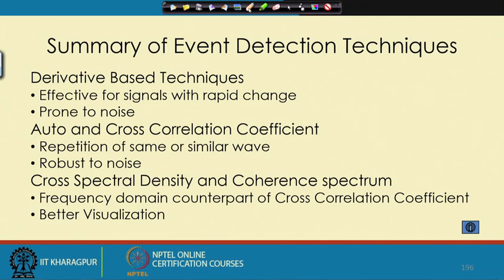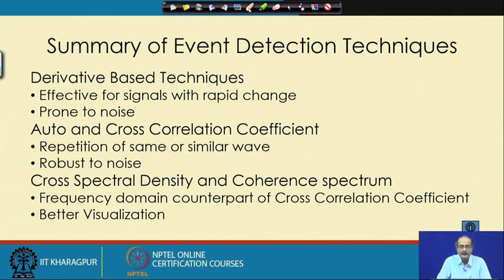Next, we have covered the auto and cross correlation coefficient. For the correlation coefficient, we need a similar wave, whether it has a fixed waveform or not, to be present; only then is this kind of technique effective.